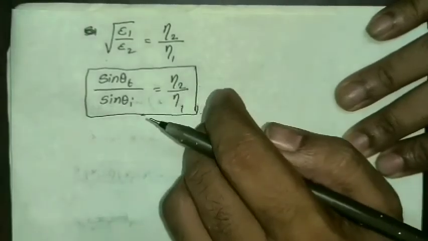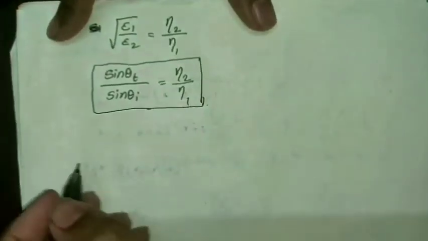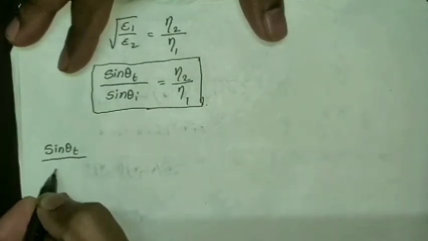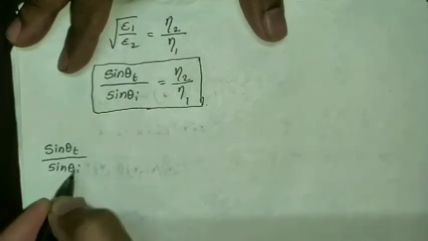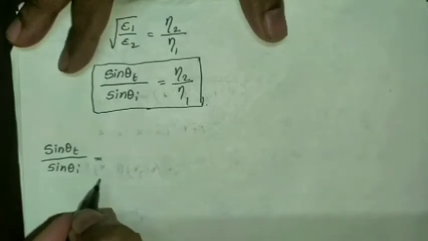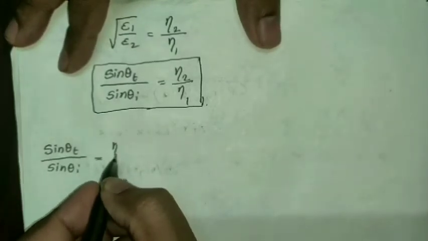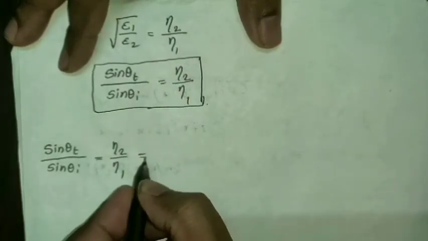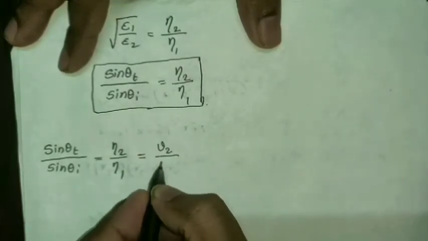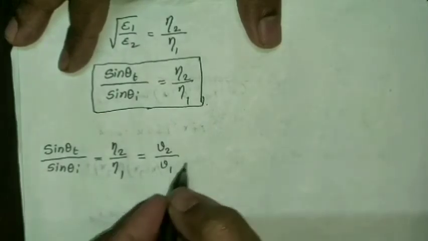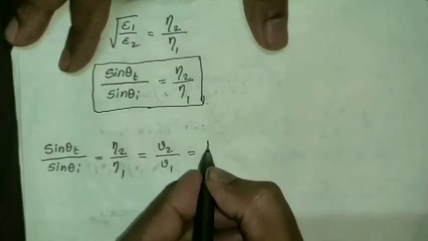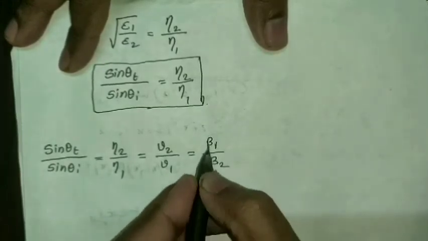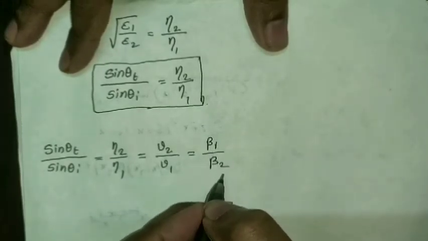From all these cases, sin theta t divided by sin theta i can be represented in various forms. The first is eta 2 by eta 1. Or it can be the ratio of velocities, v2 by v1, or beta 1 by beta 2, the ratio of the phase constants.